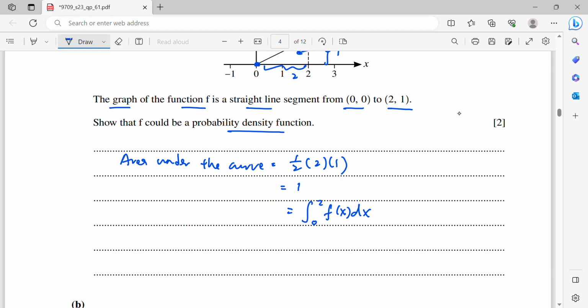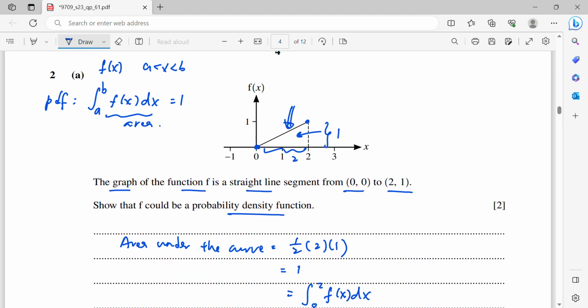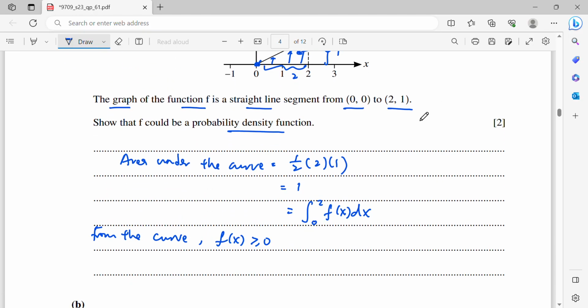Another thing is f(x) from the graph is always positive, or at least 0, because when we refer to the graph here, the y value is always above the x-axis. Hence f could be the probability density function.